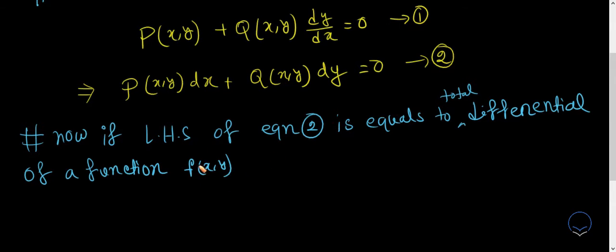So our function is f of x y, and the total differential will be d of f of x y, and this should be equals to 0. So the main part is to understand that if you can have some function whose total differential is 0, then you can write the left hand side of equation 2 to be equal to this part. So let's call it equation 3.